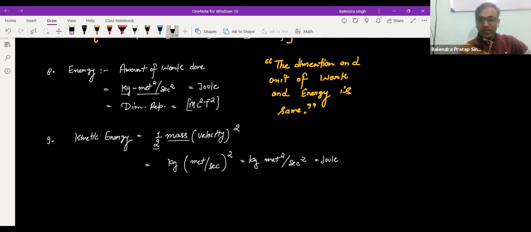And the dimensional representation is also same as work and energy, which is M L square T minus 2. So these quantities I discussed, such as energy, kinetic energy, force, work done, are basically important.